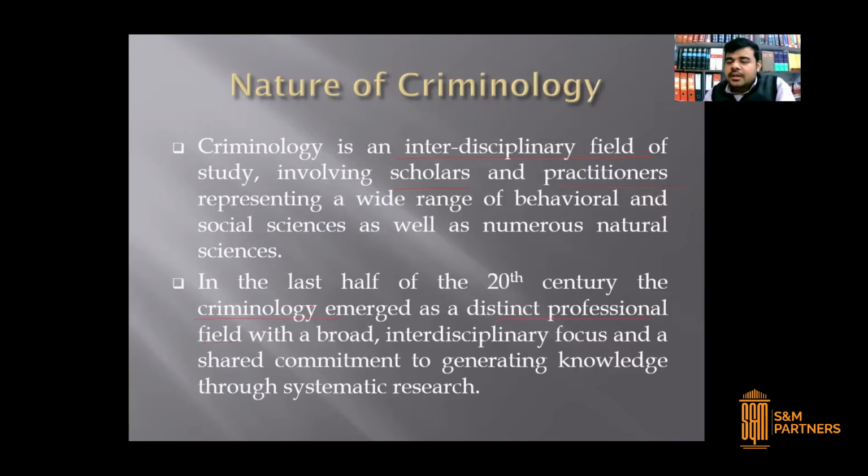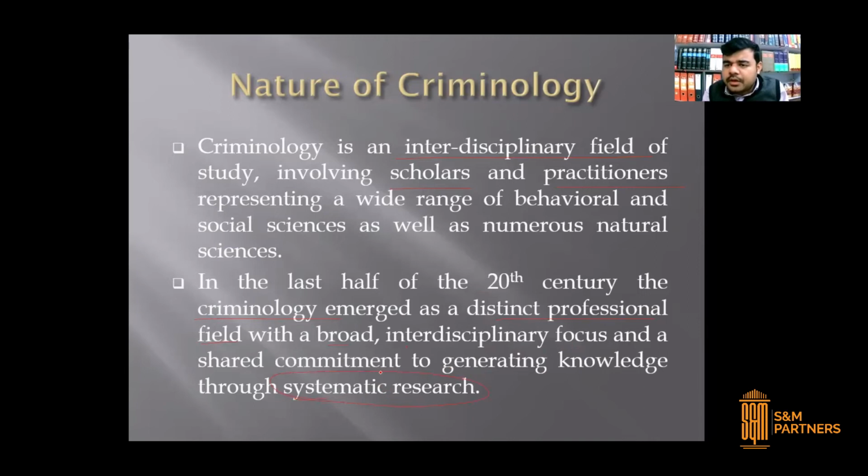A special place is given to criminology now. People have accepted it widely as a science. It is a distinct professional field with a broad interdisciplinary focus and a shared commitment to generating knowledge through systematic research.